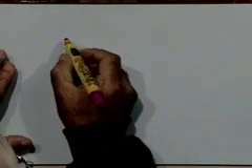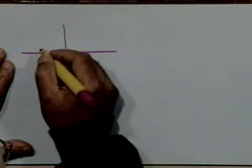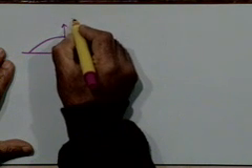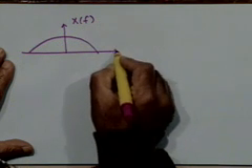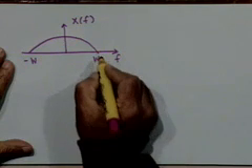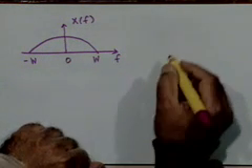So if you were to plot this spectrum, suppose you had a spectrum like that for x of t. The spectrum of x of t, let's say, extends from some frequency minus W to plus W, right?